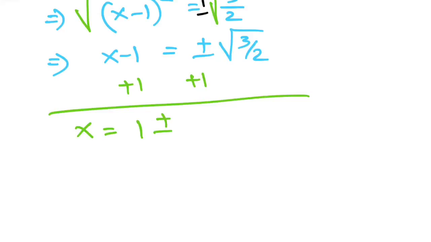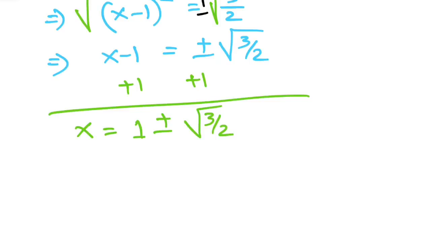We need to get rid of that negative 1, so we add 1 to both sides. So x will be equal to 1 plus minus square root of 3 over 2. Since 1 and square root of 3 over 2 are not like terms, we can't add them. We're just going to leave it as it is.